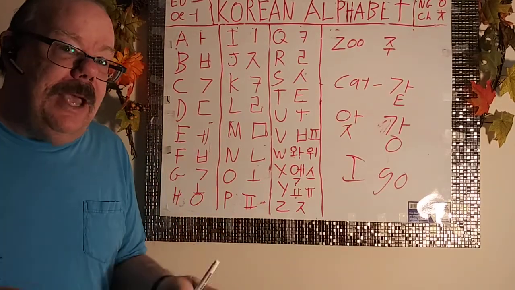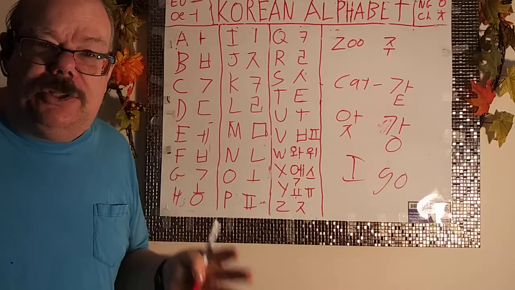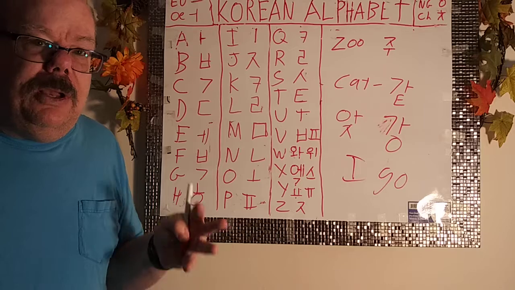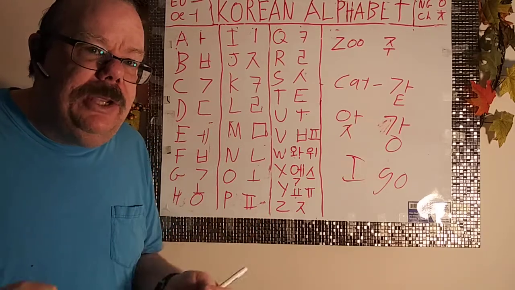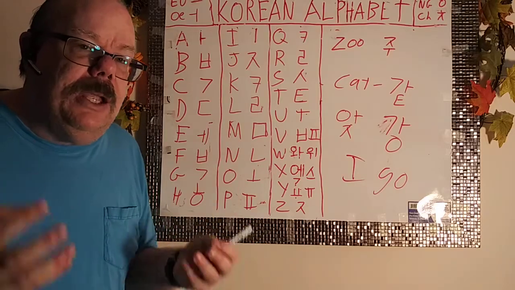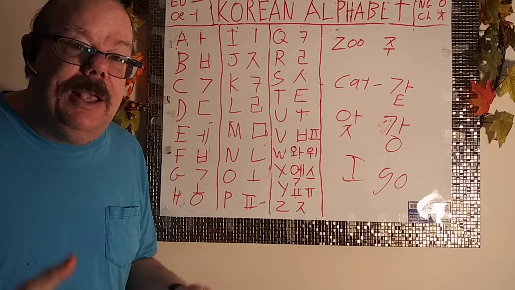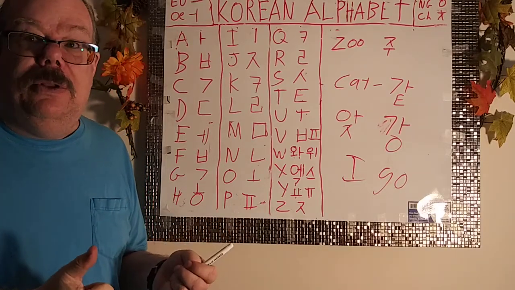So, like I said, word association or vowel association, whatever you want to call it, it's still association. It still helps you to learn a second language when you're using your first language as the basis for the second language.